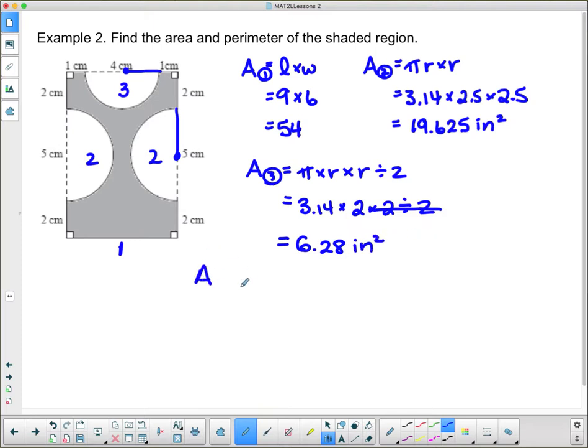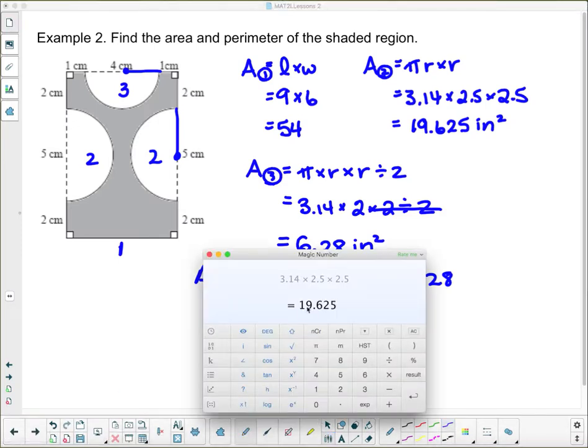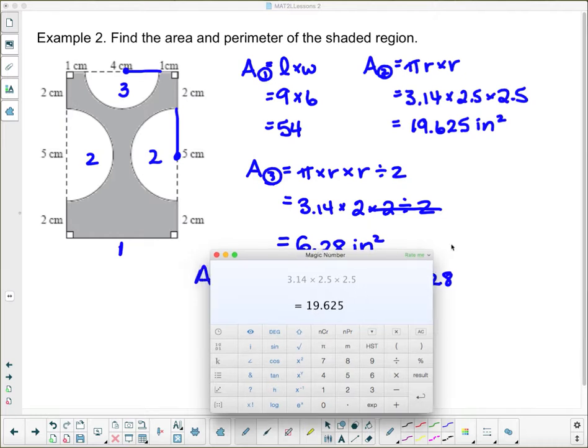So now if we want the area of shaded, I'm going to put AS. We have to take the great big one and subtract off the 19.625 and also subtract off the 6.28. Let's pull up my calculator again. And we've already got that number in there.